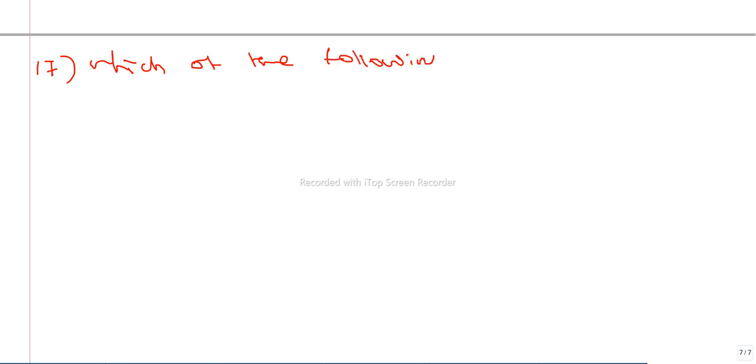Okay. So which of the following is not an integrating factor? You have to carefully read the question. It's not an integrating factor of the differential equation x dy minus y dx equal to 0.